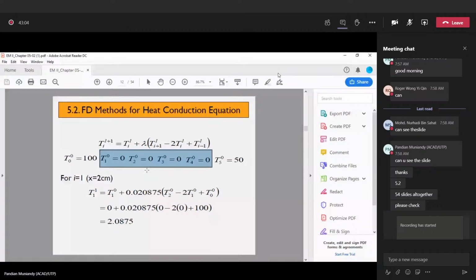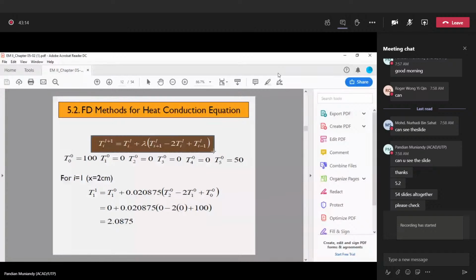Now at I equals 1, X is 2 cm. Using this formula, you set L equals 0, I equals 1. So you are finding T superscript 1 subscript 1 equals T superscript 0 subscript 1 plus lambda, 0.020875, in the bracket T superscript 0 subscript 2, I plus 1 being 2, I is 1. So at I1, X is 2 cm. At I2, X is 4 cm. At I3, X is 6 cm.